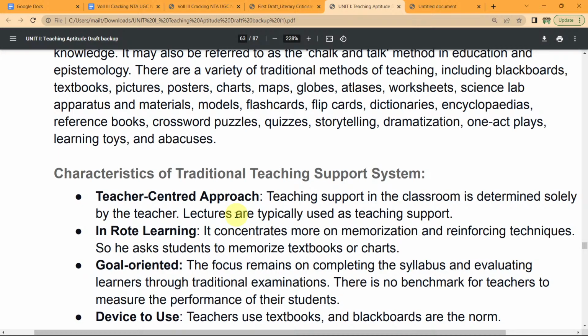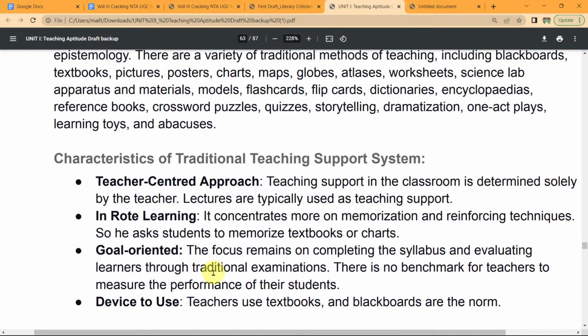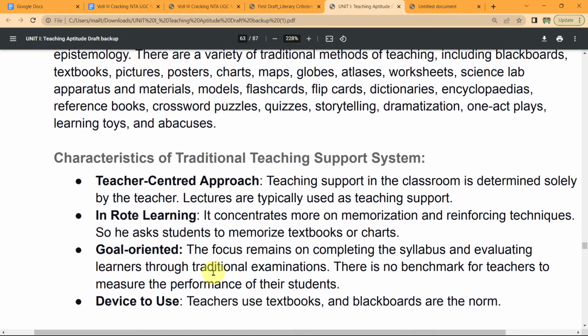You get tablets, computers, internet and all these things, which were not there previously. So in the traditional classroom we had a blackboard, a globe, a chart, a map. But now it's completely different, and here we are talking about traditional teaching support.